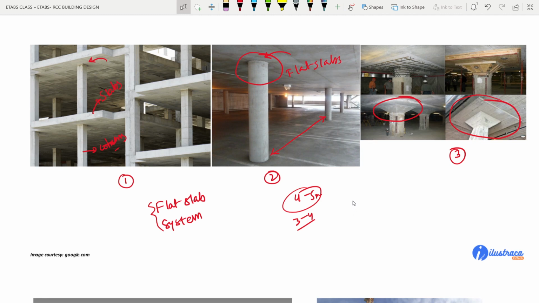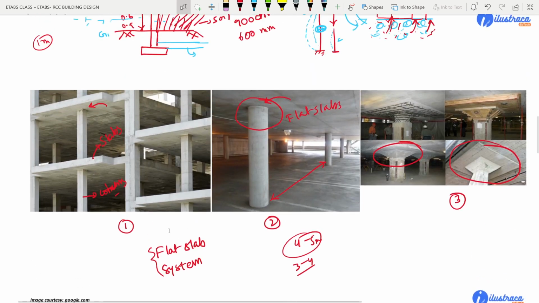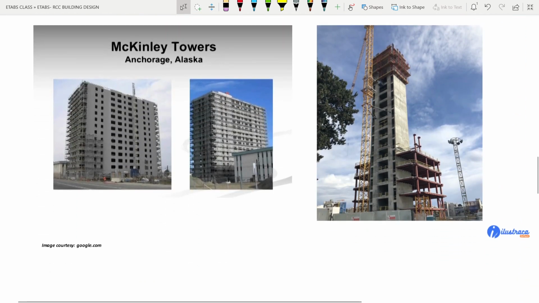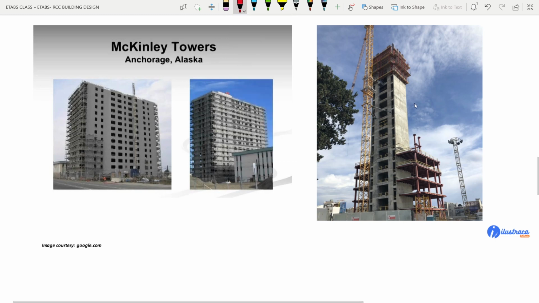Okay, so let me go to another system. Previously we saw that we have beams, columns, slabs and foundation. Again, we saw that we may not have beams, and may have only slabs and columns. Now in this kind of structure, you see that along with the columns there is another system here.